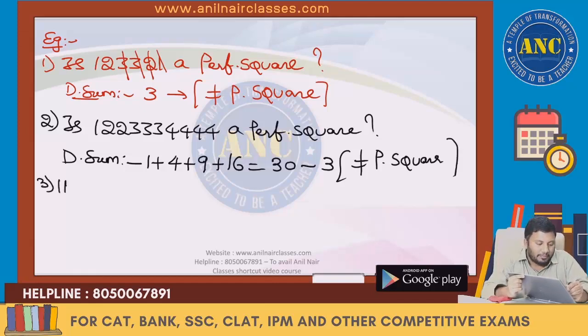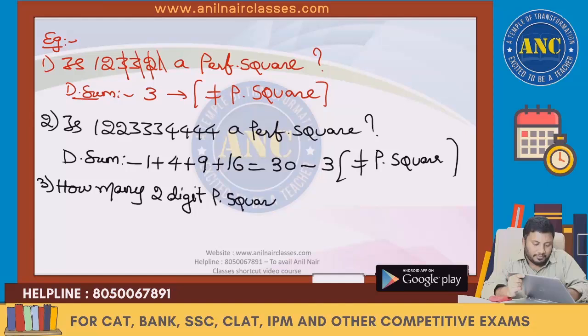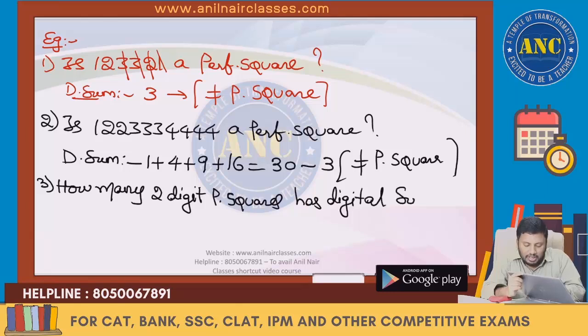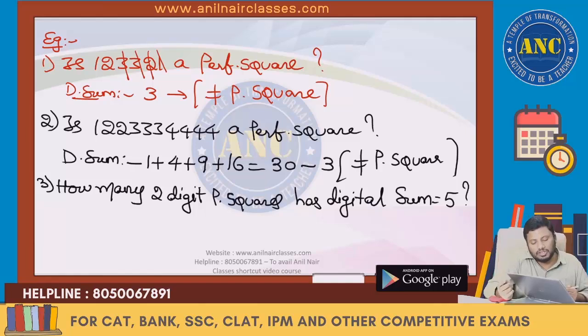Third question: how many 2-digit perfect squares have a digital sum 5?